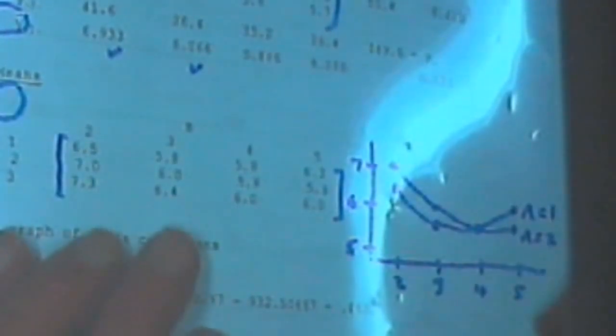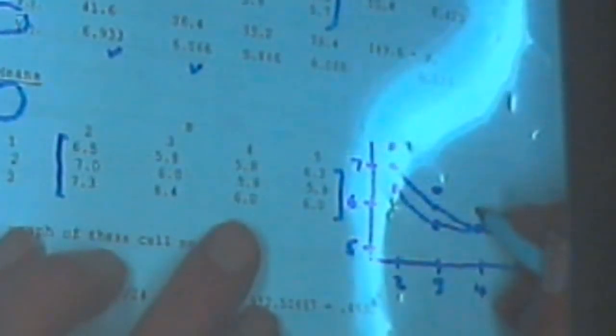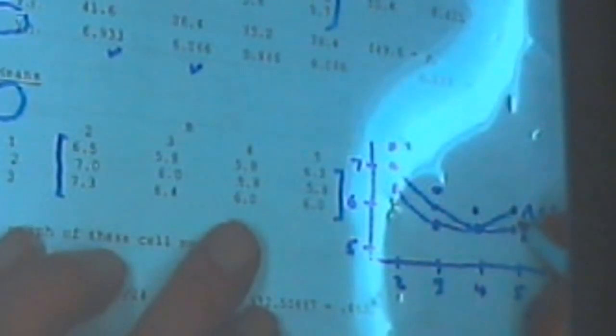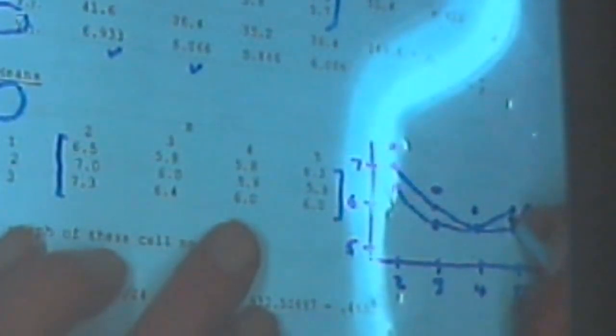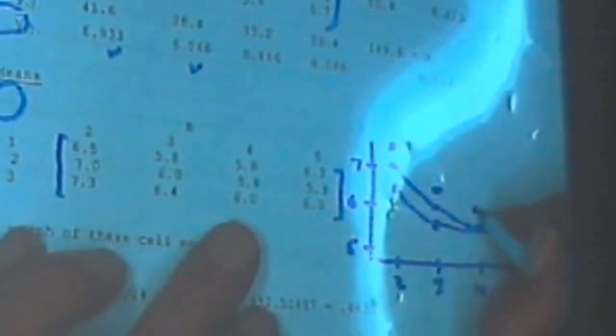And then A equals 3: 7.3, 6.4, 6.0, 6.0. Now they're getting all tangled up for me.